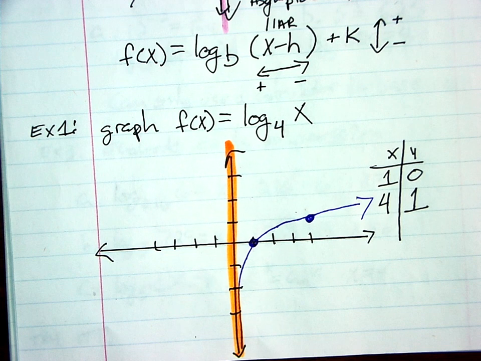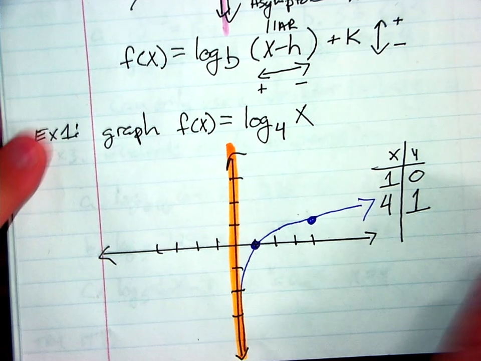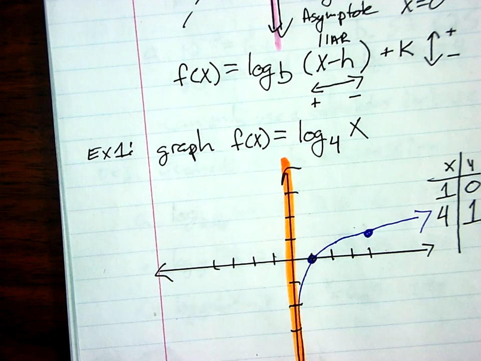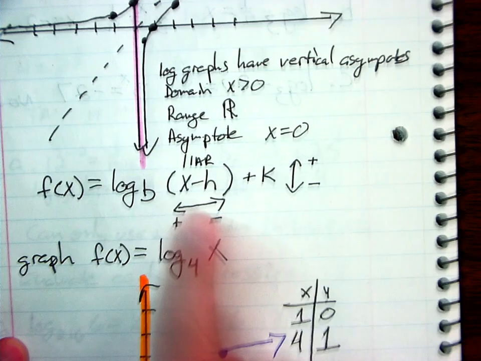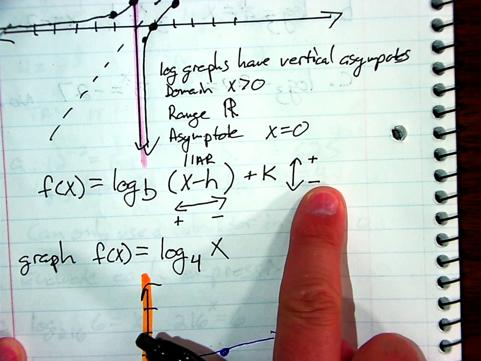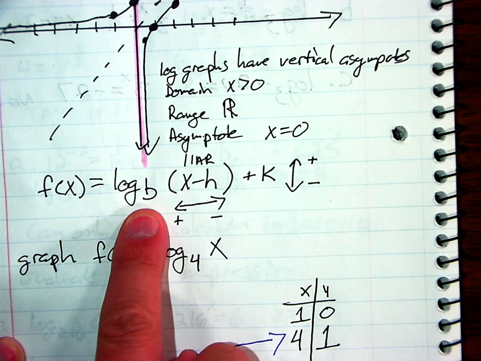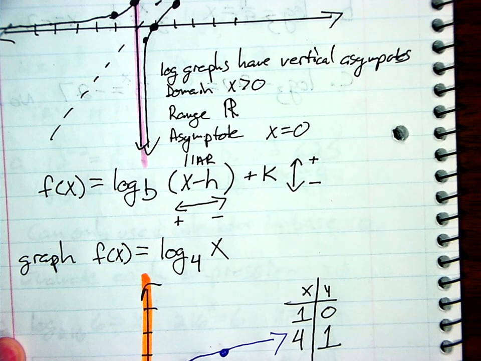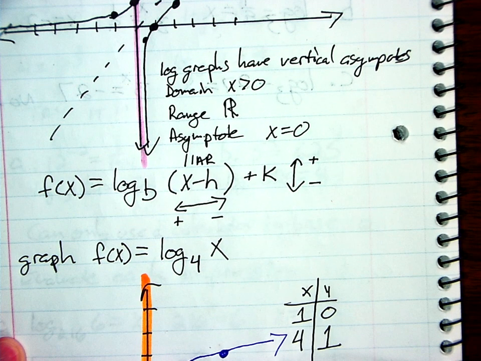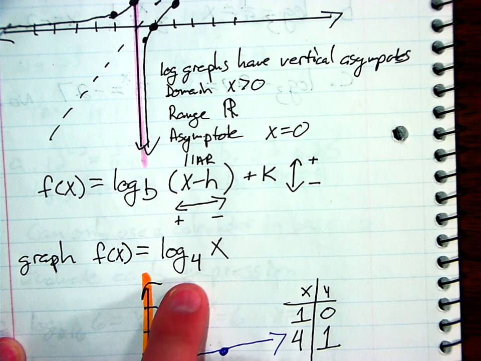Translated means moved. Right, it's not being moved. Because if you look up here, we said x minus h plus k. There's nothing, it's just log base. There's no numbers after it. We'll get to that in like 5 minutes. It's just the number that's subscript.